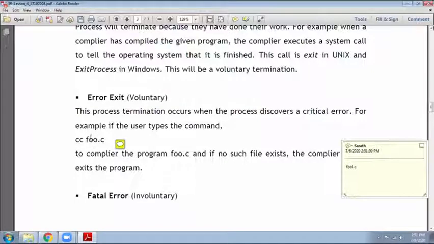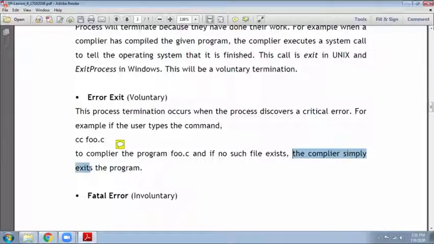The compiler is searching for this file and it is not available in the directory. Then it has to exit. So the compiler simply exits the program because it cannot find it. This is known as error exit. It's again a voluntary exit.